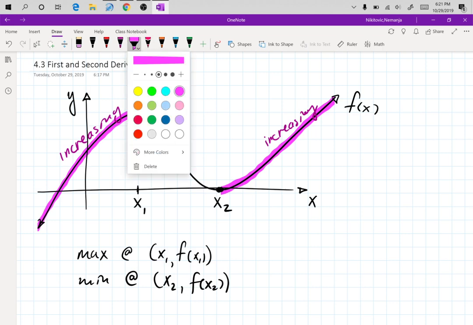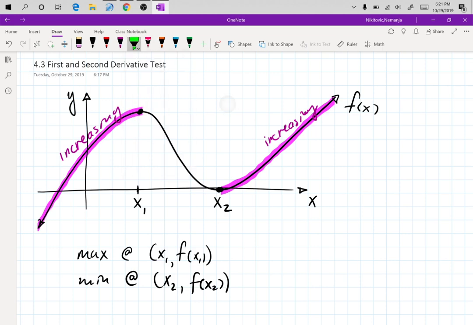And then we have this part of the function here, which is decreasing. So we are going to use the first derivative test to find the intervals of increase and decrease.